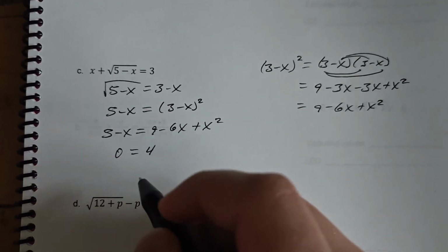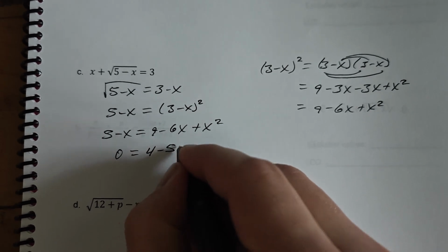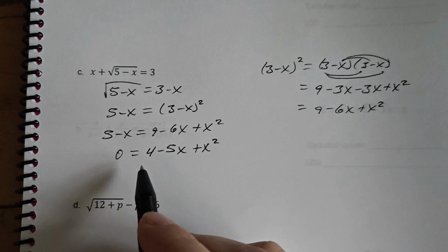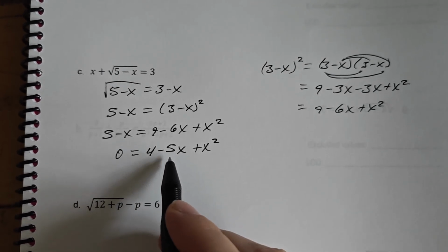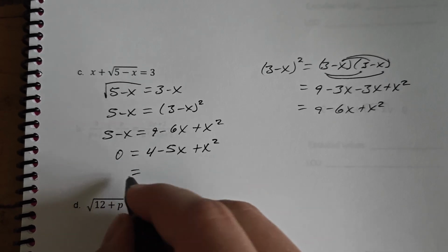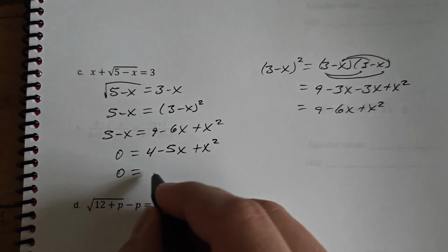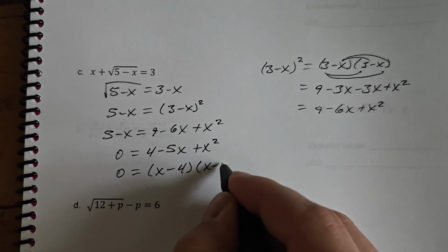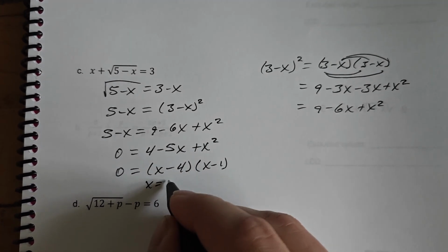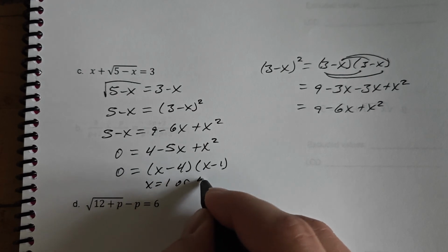Negative 6x plus x is negative 5x. And then factor this. Two things that multiply to 4 and add to negative 5. They both have to be negative. So that should be negative 4 and negative 1. That says that x equals 1 or 4.